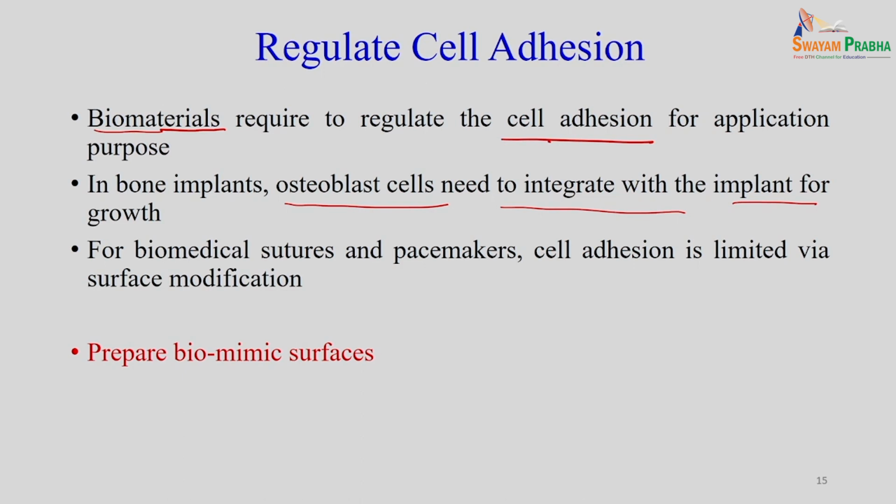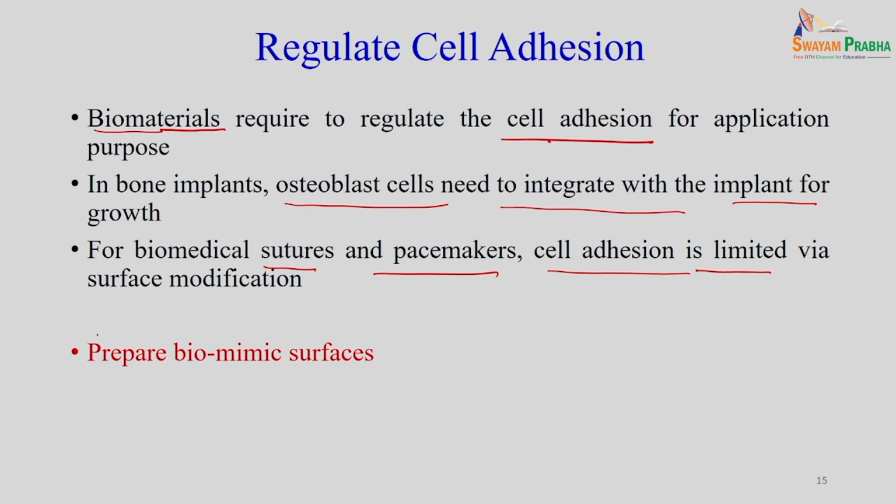But if you talk about the sutures and the pacemakers, then our objective is there should be no cell adhesion. So, these are the two contrast examples. In one case, bone implant, we need the osteoblast cell to adhere or integrate, but in case of sutures and pacemakers we are avoiding it, where that cell adhesion should be limited.